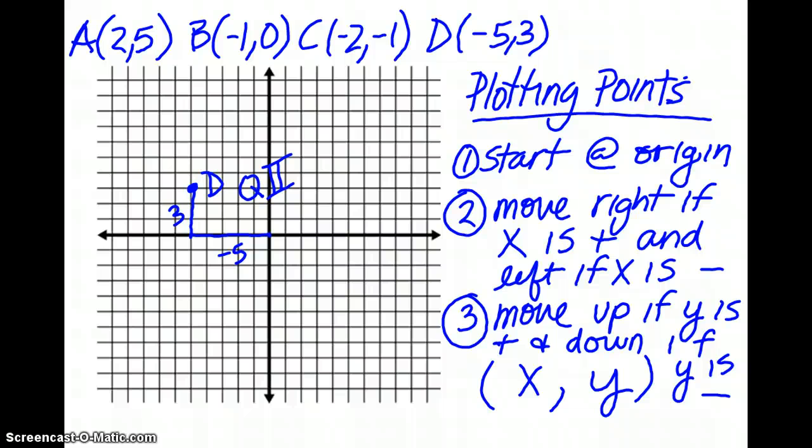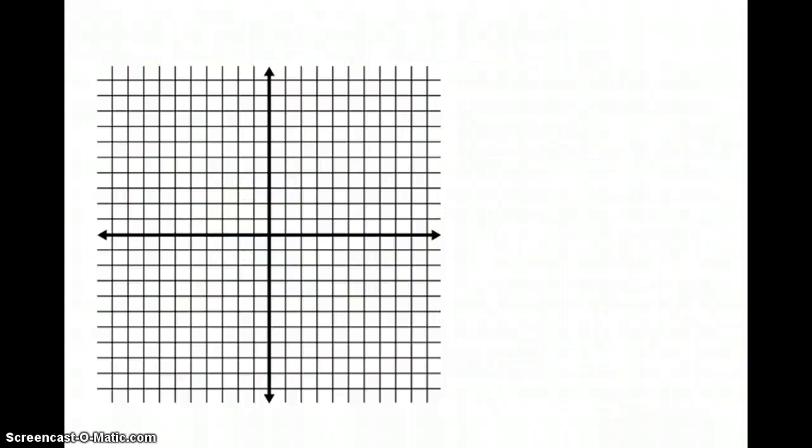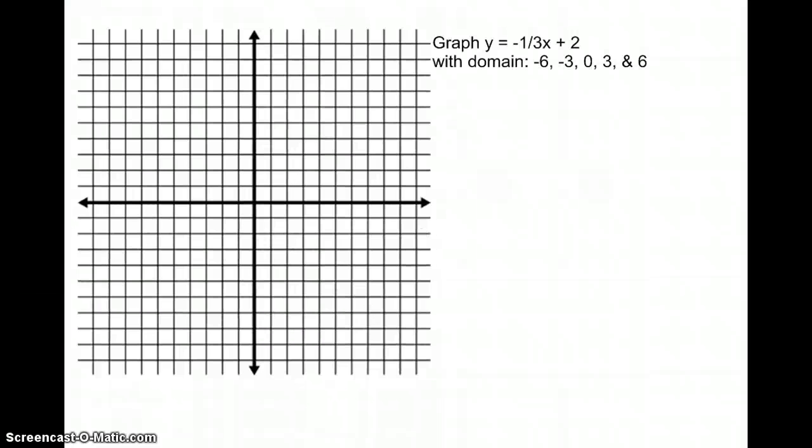So the next thing we're going to look at is graphing a function. This is actually number 7 in the guided practice of chapter 3, section 1. And this asks you to graph the function y equals negative 1/3 x plus 2 with domain negative 6, negative 3, 0, 3, and 6.